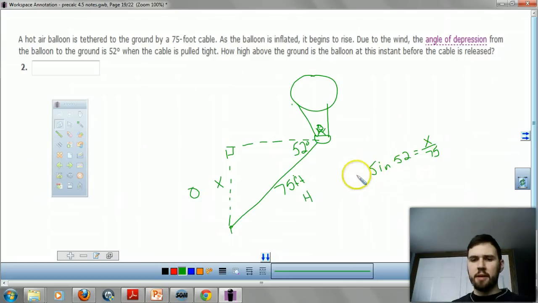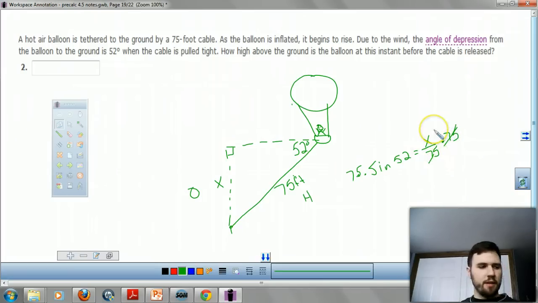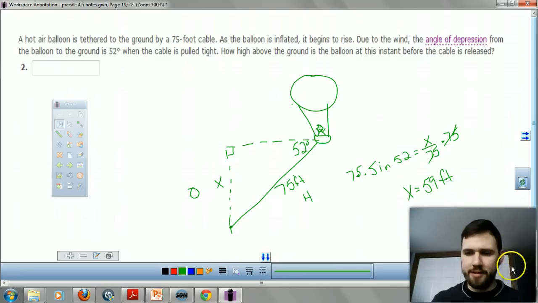Multiply both sides by 75. And according to my calculator, we get about 59 feet in the air. Okay? Got it? Good. Pause instead of page next.